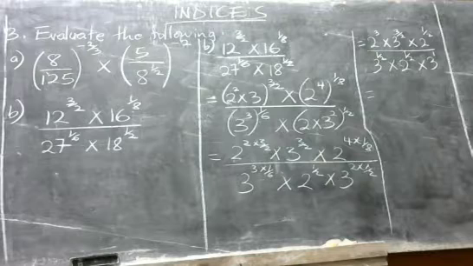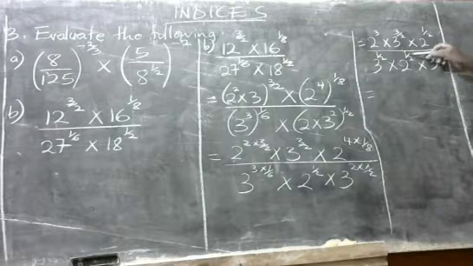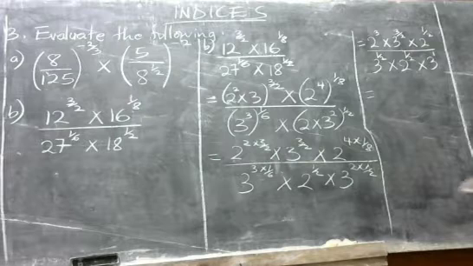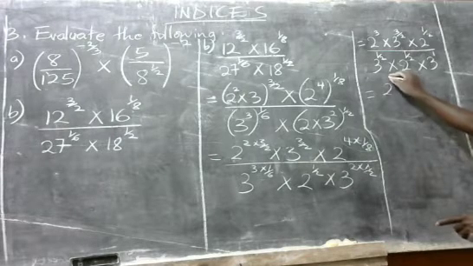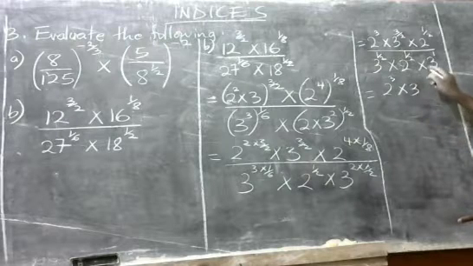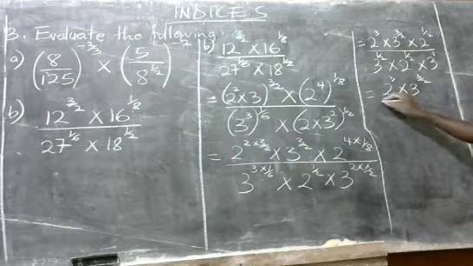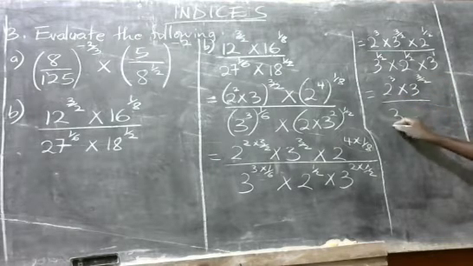Now when you look at 2 power a half and 2 power a half there, they can cancel out. So I'll be having 2 power 3, then times 3 power 3 all over 2, then all over the 3 down.